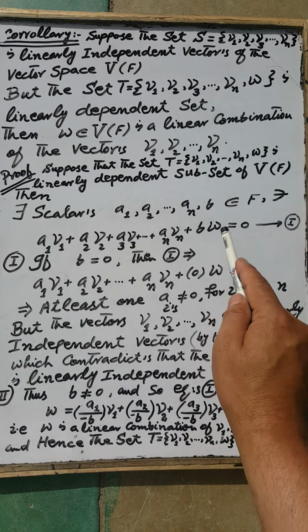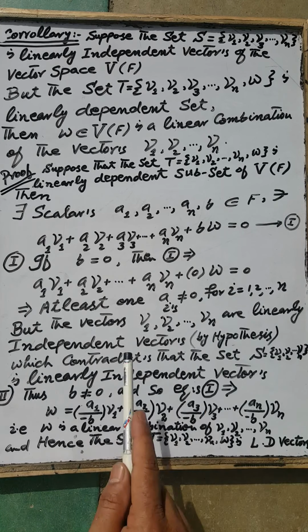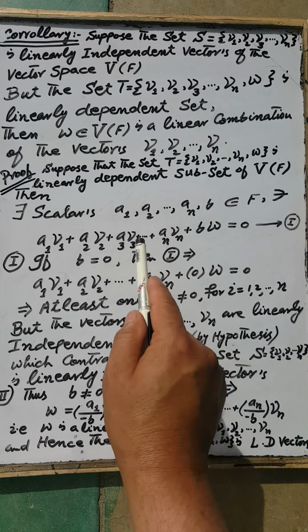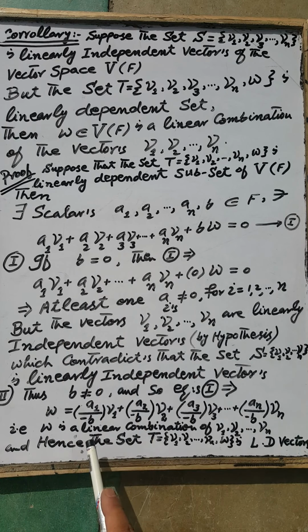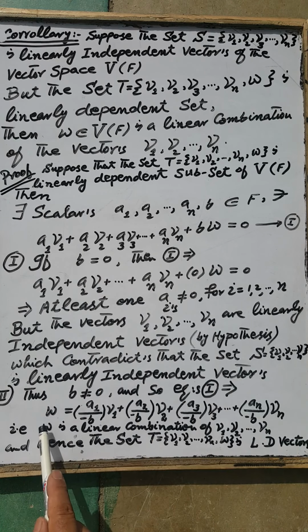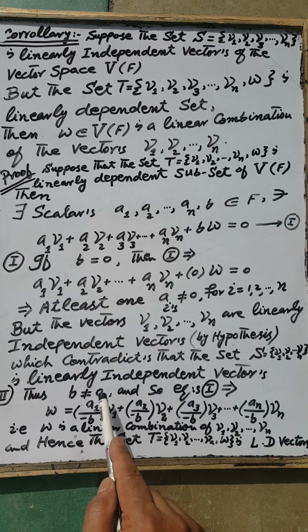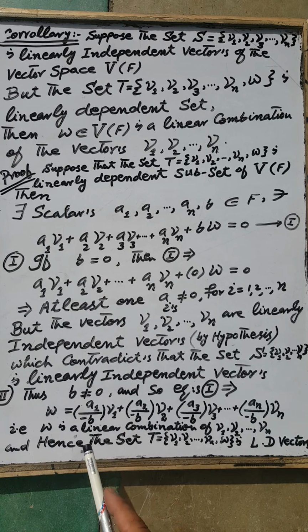Add minus bw to both sides, and after that divide both sides by minus b. We have w equal to minus a1 divided by b v1 and so on, where b is not equal to 0. Division by a non-zero element is allowed.